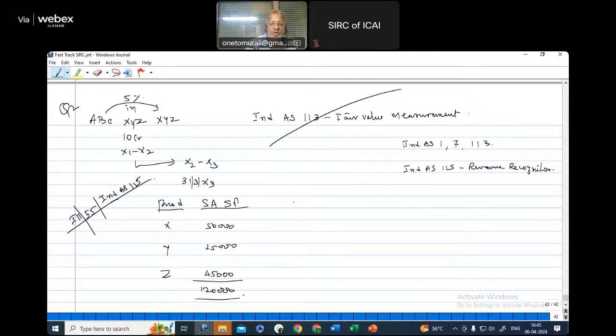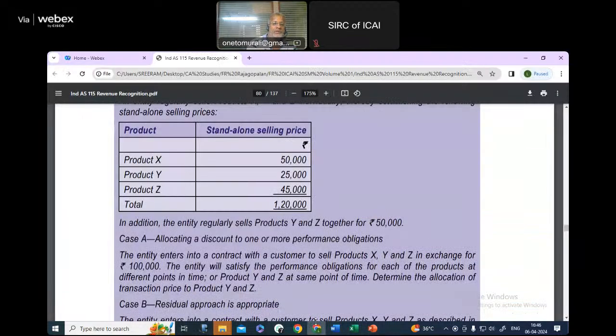So they given a scenario Y and Z can be sold for 50K together as a combo. That is what they said. Now allocate the discount to one or more performance obligation is what they mentioned.